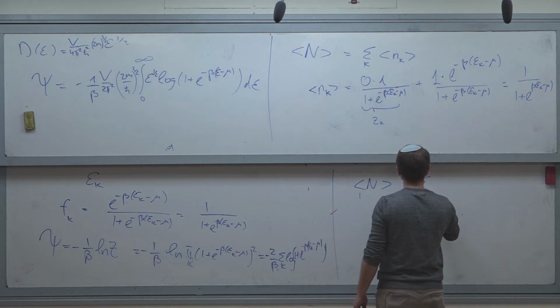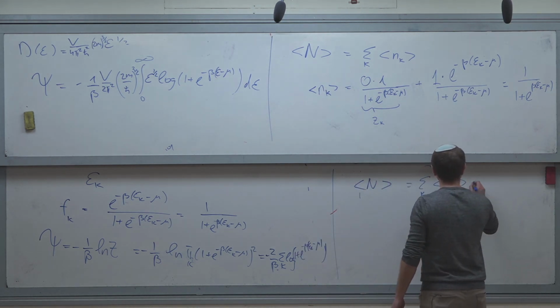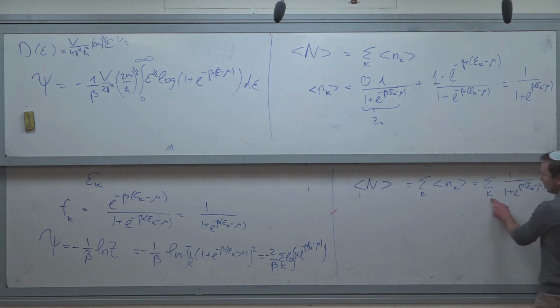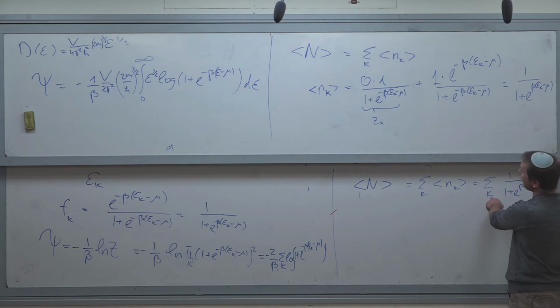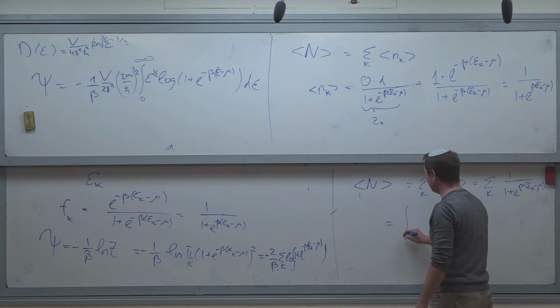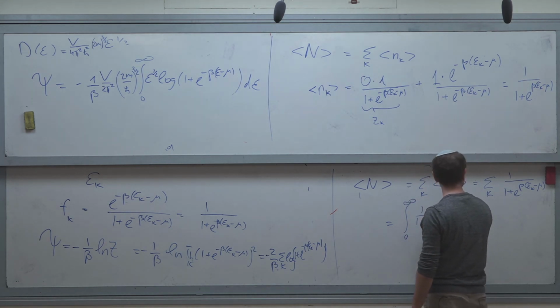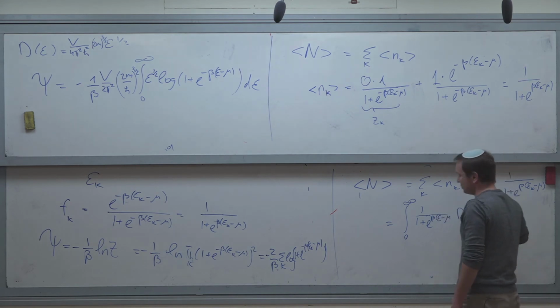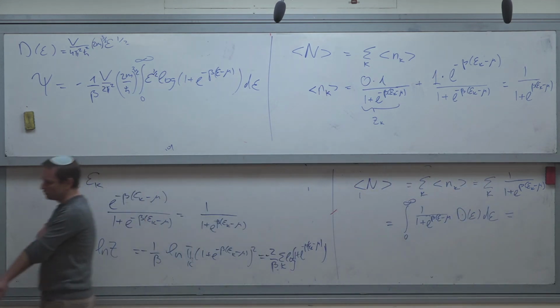It is simply the sum over k of n_k, the sum over k of 1 over 1 plus e to the power beta (epsilon_k minus mu). Now, this summation we have to change to what? To integration over all possible energies. Okay, so it is simply the integral of 1 over 1 plus e to the power beta (epsilon minus mu) times the density of states d epsilon. Now this density of states we already calculated.